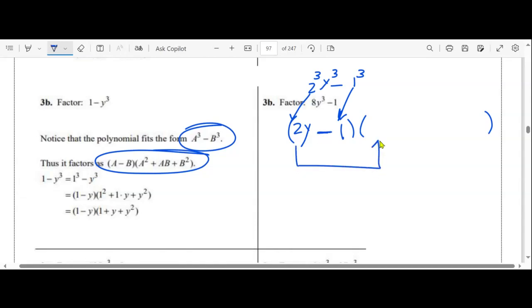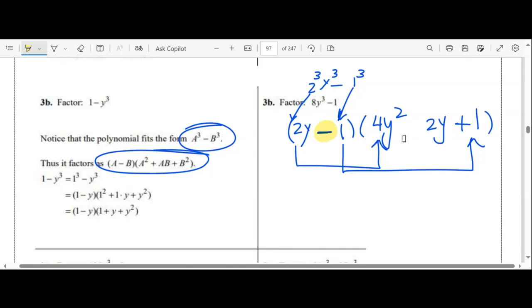Now we square the first. What do you get? Square the last. Multiply the first times the second. What do you get? 2y. What about the sign? What should we do with the sign? Opposite sign. So the sign here is going to be what? Positive. Clear?